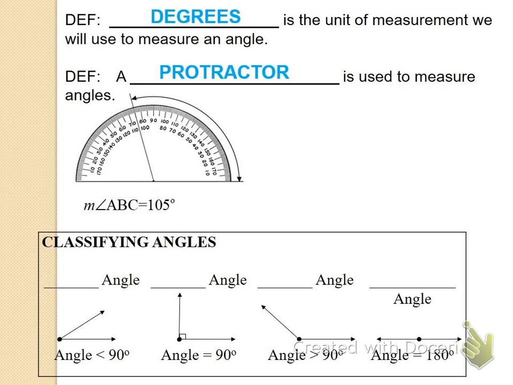Okay? There are two sets of numbers that we can choose from in terms of figuring out what the measure is. And so what I would tell you is this. If the angle opens up from the right, in other words, if all of the interior points, or the points on the inside of the angle, are over here on the right-hand side, then you'd want to use the set of numbers where 0 is on the right-hand side, so like down here.